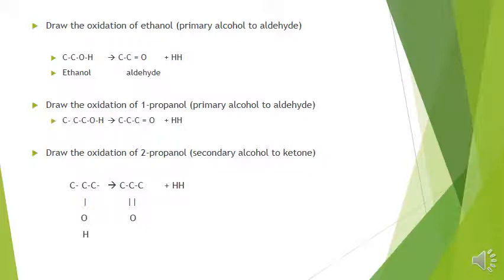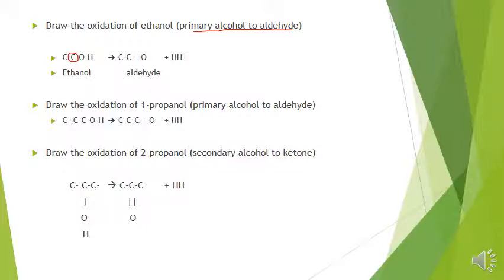All right. There's a chemical reaction that relates alcohols to aldehydes, and that's if you take a primary alcohol, it can change to an aldehyde if it's oxidized. And an example of that is ethanol. Ethanol is a primary alcohol.